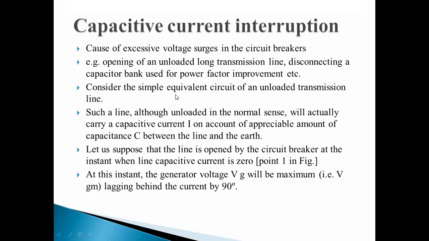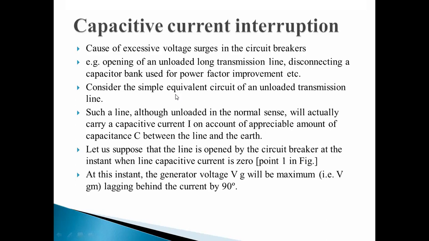So such a line, although unloaded in the normal sense, will actually carry a capacitive current I. Okay, means when we are considering such a transmission line, if that line is unloaded, means we are not connecting any load, in the normal case it will have the capacitive current, because we know that a capacitor stores energy, right?